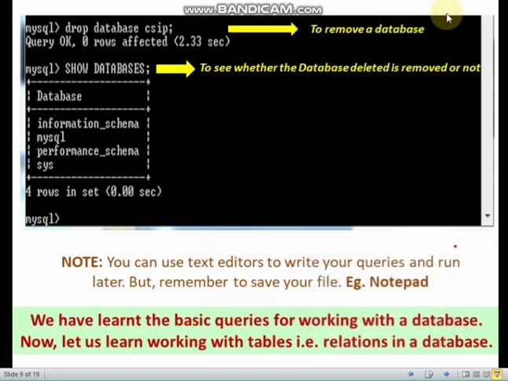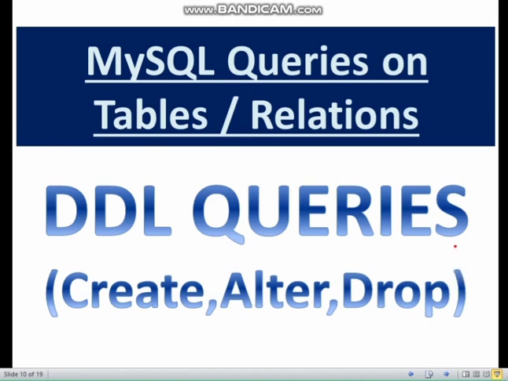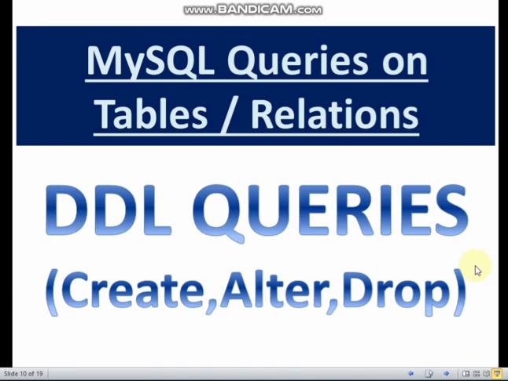Well, we have learned the basic queries for working with a database. Now let us learn working with tables, that is relations in a database, right? With MySQL DDL queries, we will learn create, alter, drop with the tables, or tables are also known as relations.